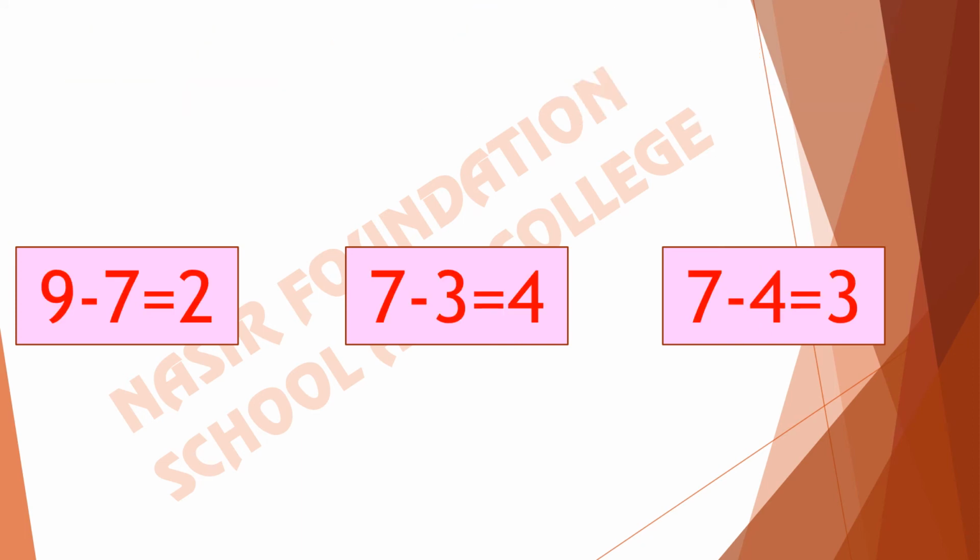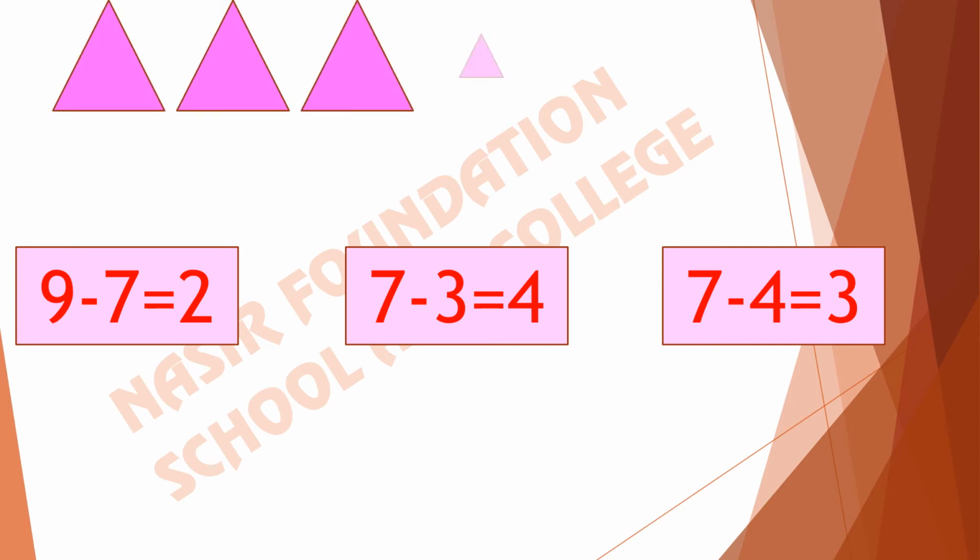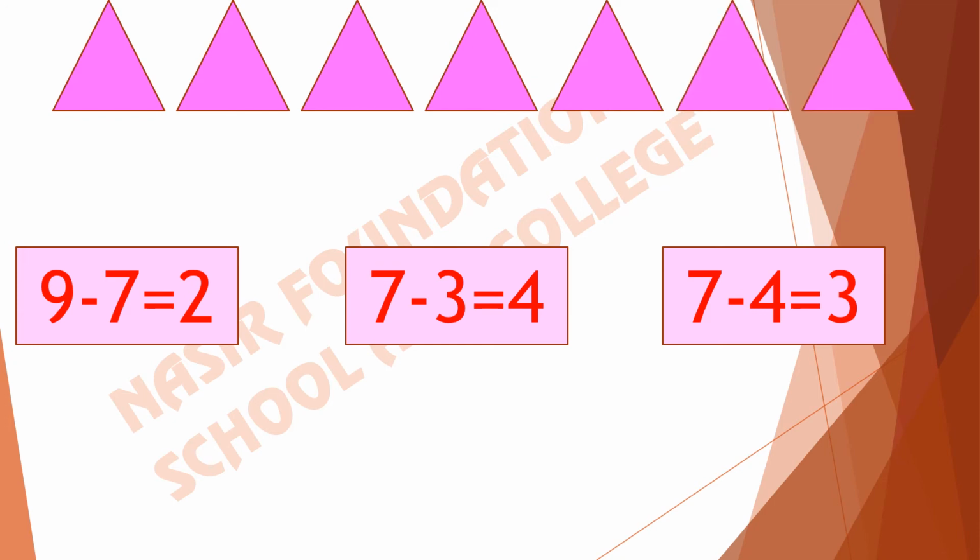Let's count the shapes. 1, 2, 3, 4, 5, 6, 7. Out of 7, we are subtracting 1, 2, 3, 4. Out of 7, we are subtracting 4 and we are left with 1, 2, 3.